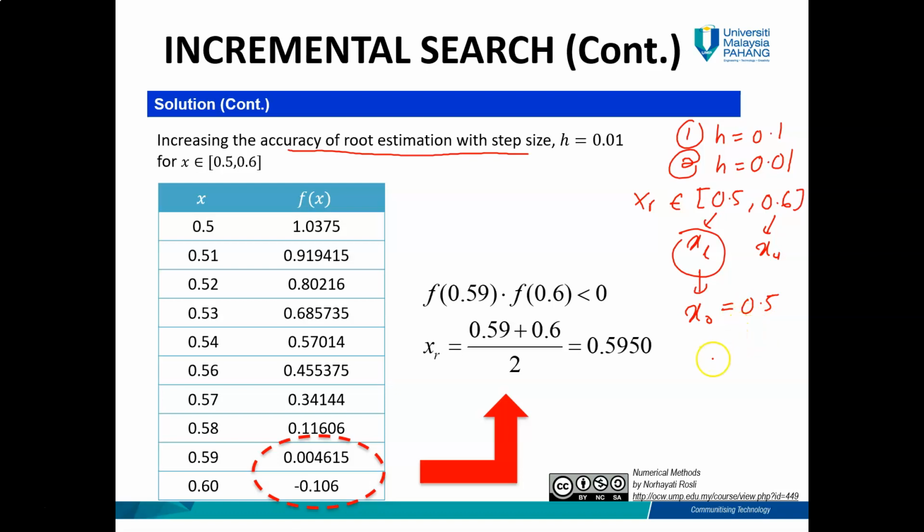Based on this, we have h and x0, we can compute x1, which is x0 plus step size 0.01, so you have 0.51. x2 will be x1, 0.51, plus 0.01, you have 0.52, and so on.